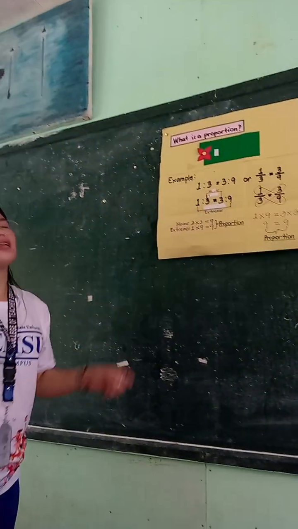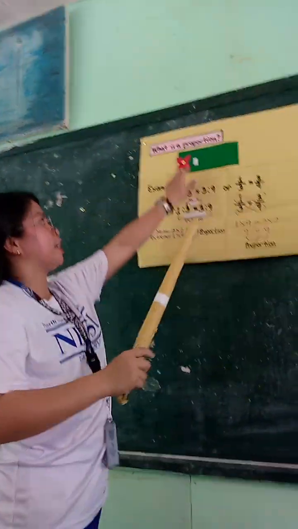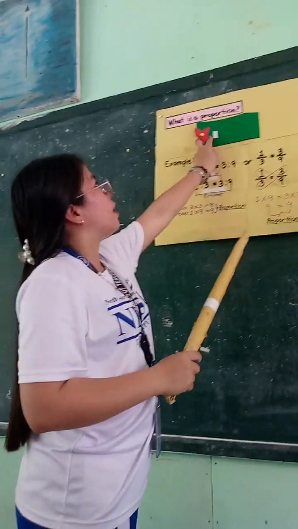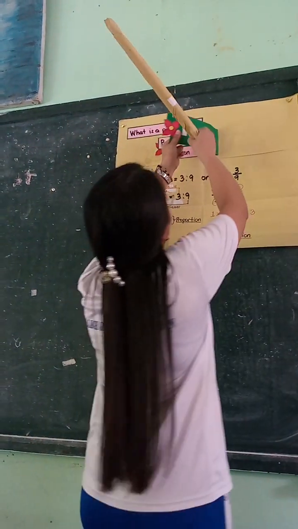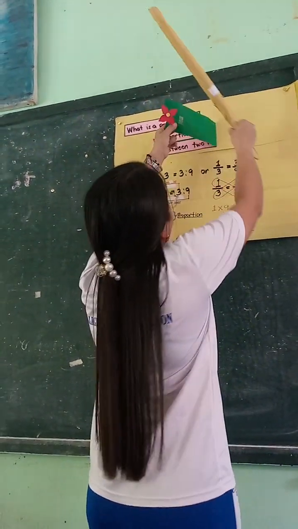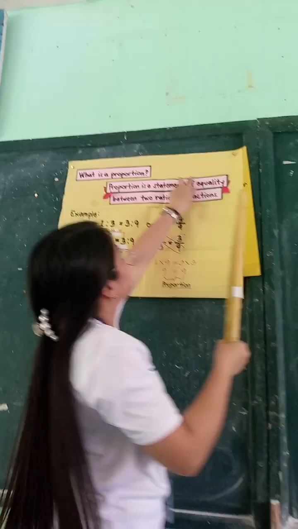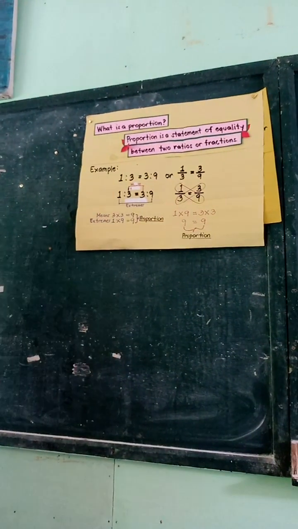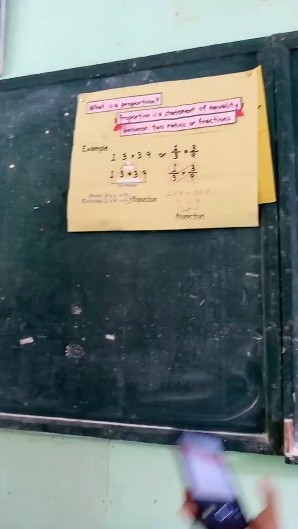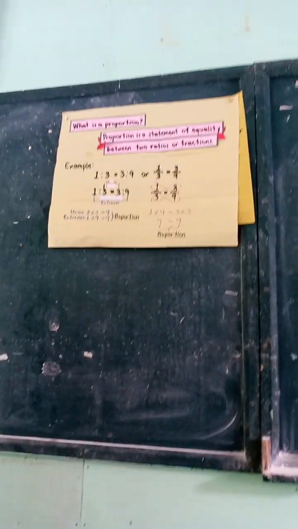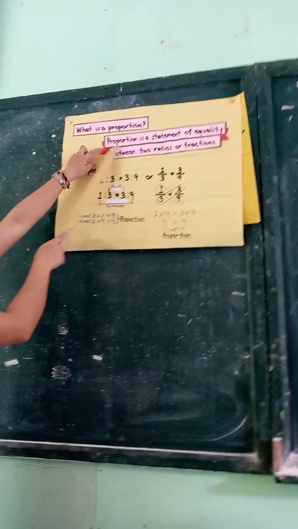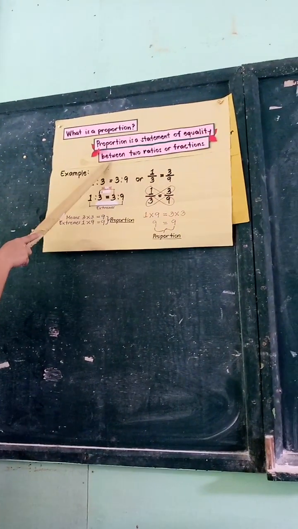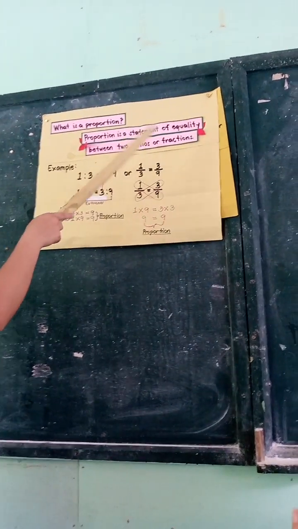Sige. Now, what is a proportion? Now, let us define what is a proportion. Everyone, please listen. Please, everybody read. Proportion is a statement of equality between two ratios or fractions.